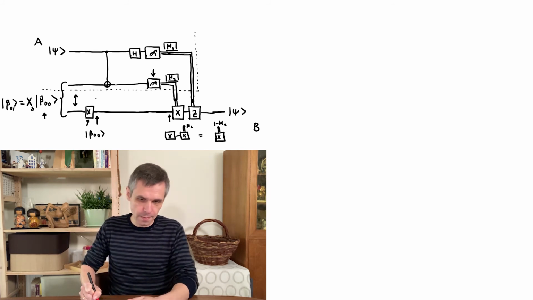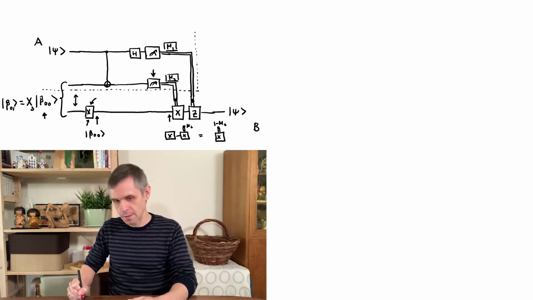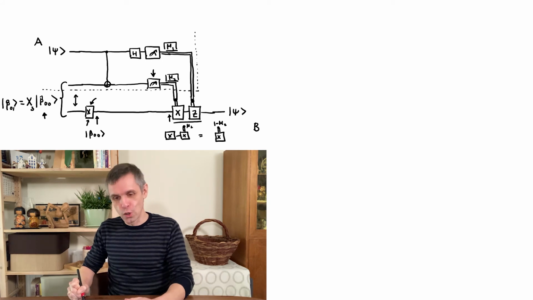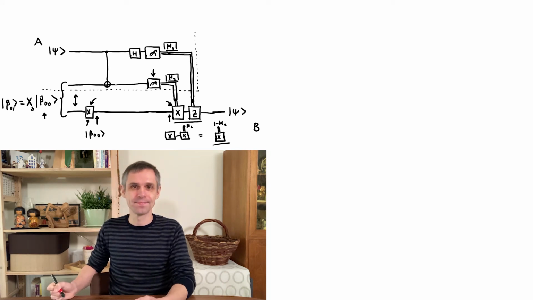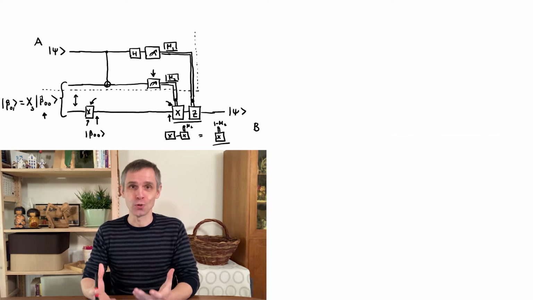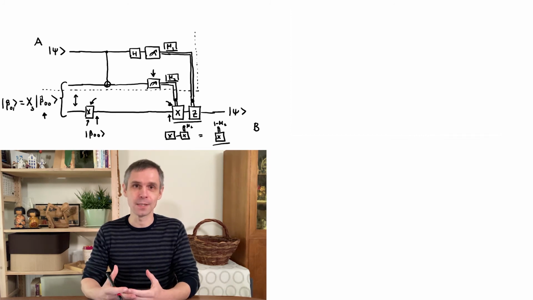So Bob can simply apply this quantum gate before he applies these gates, or he could simply replace this classically controlled gate by this classically controlled gate. And you can do this, of course, also for the other two Bell pairs, and in all cases you just need very simple modifications of this original circuit.